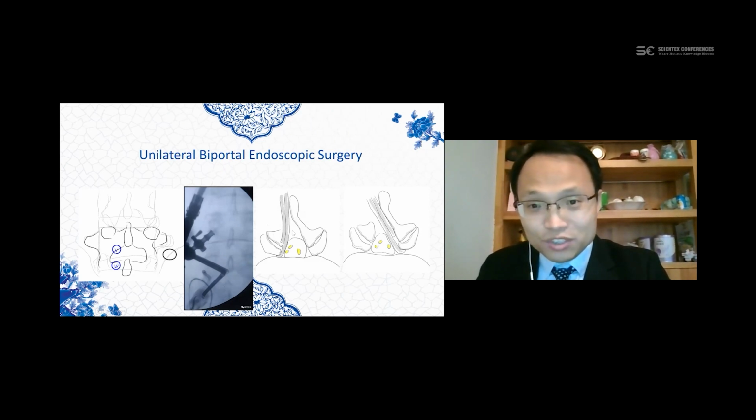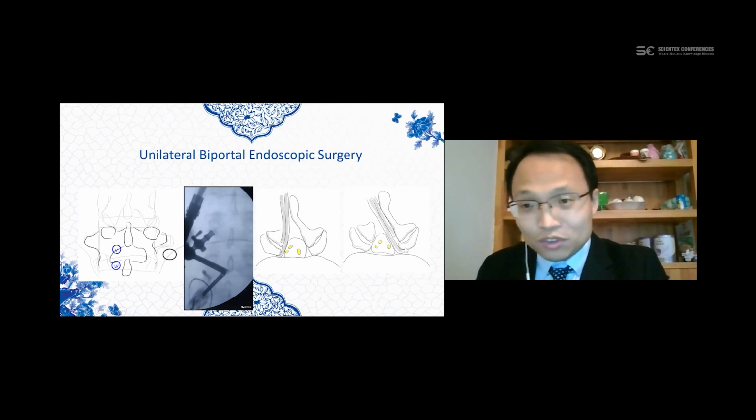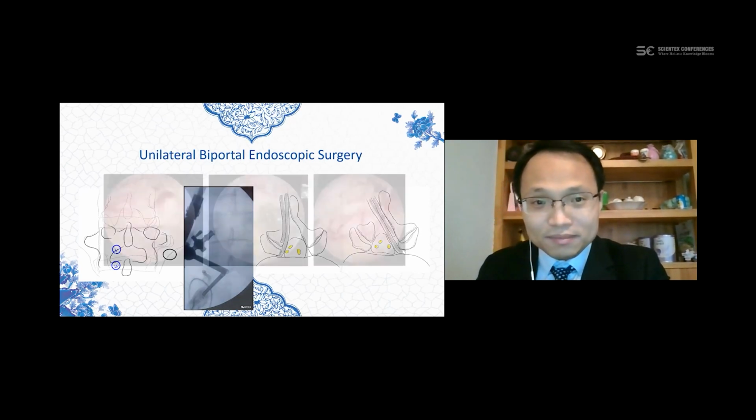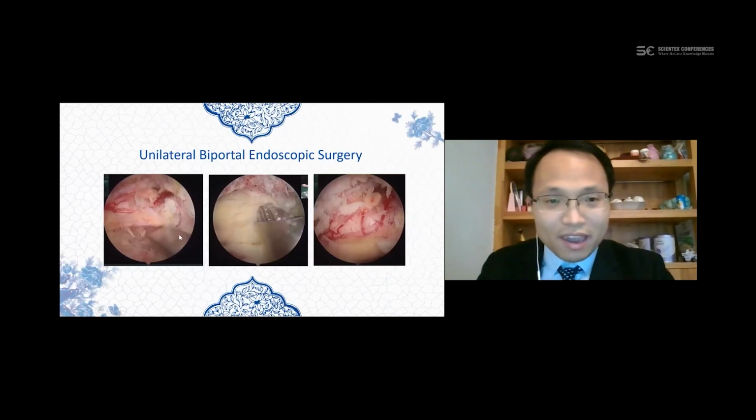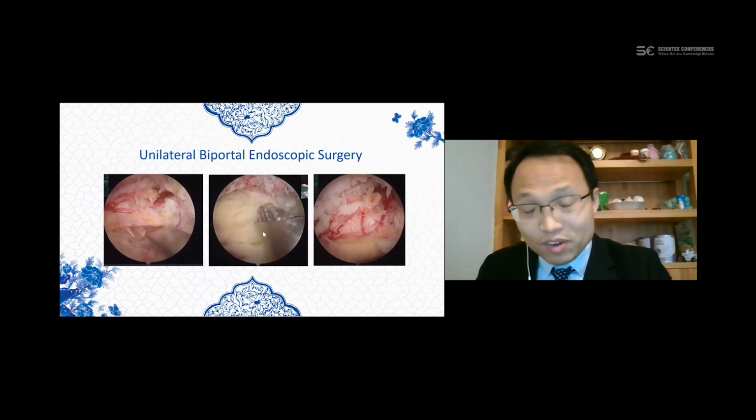We can use punches to decompress on the ipsilateral side, as well as go over the top of the dural sac and decompress on the contralateral side. Here are some pictures we captured during operation. Firstly, we decompress the ipsilateral side, and then remove the ligamentum flavum and decompress the contralateral side.